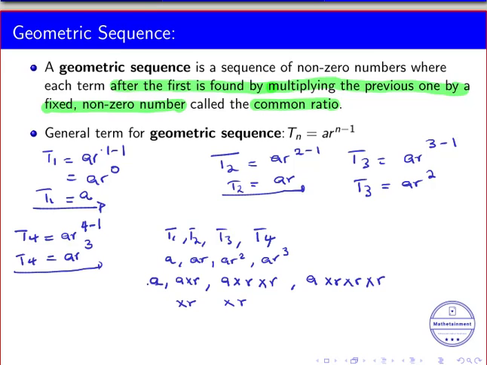So it's R from term number 1 to term number 2 and R from term number 2 to term number 3. And moving from term number 3 to term number 4, I also add another multiplication of R.